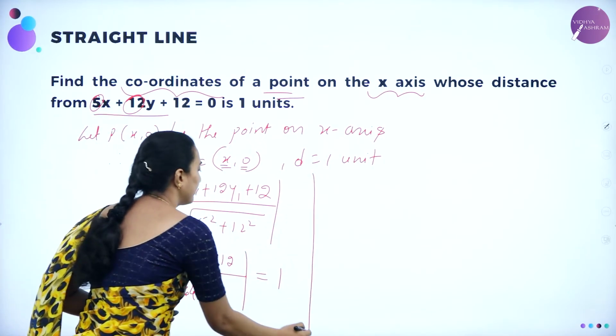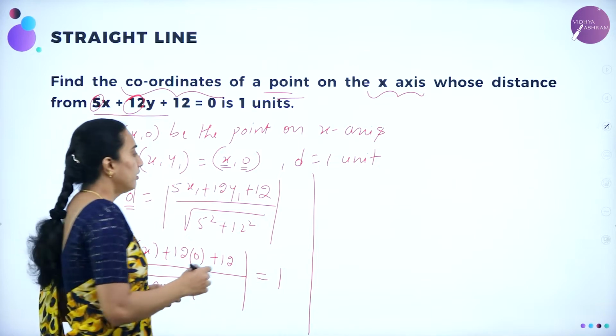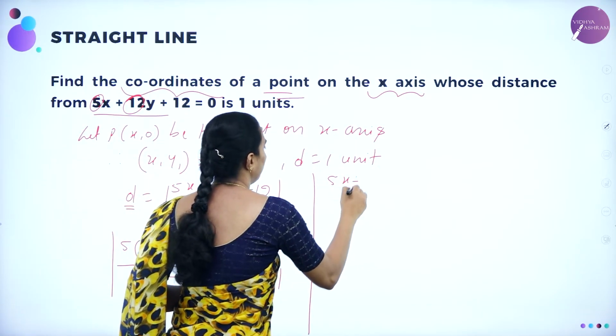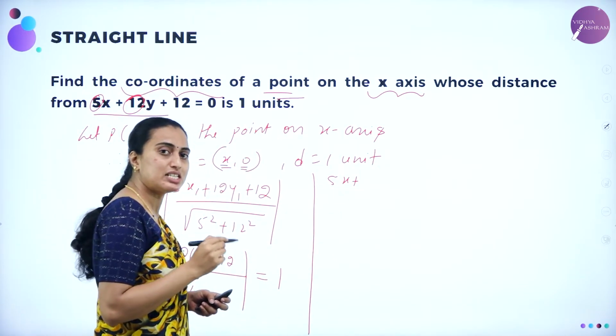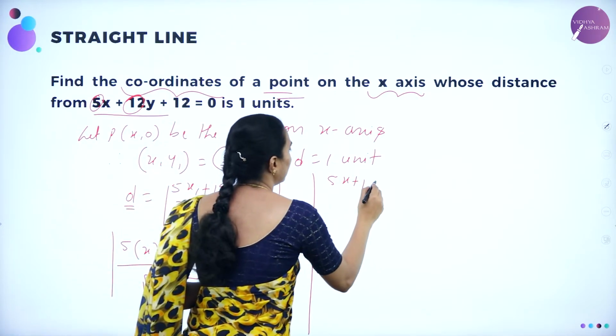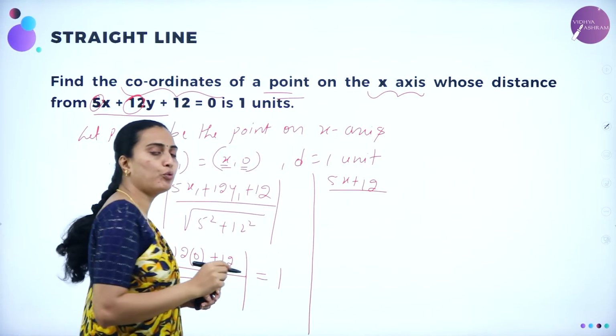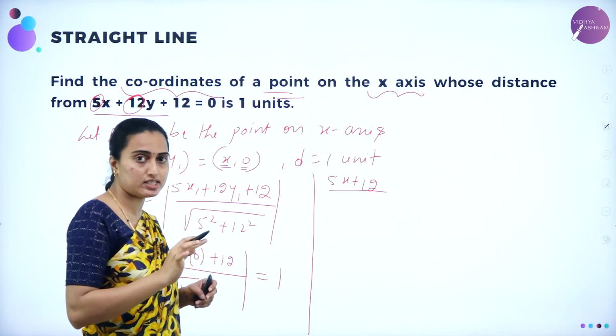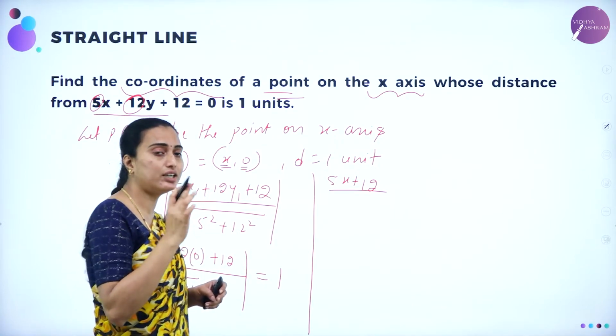Now, simplifying this again: 5x plus 12 into 0 is 0, plus 12, divided by square root of 25 plus 144, which is square root of 169. Square root of 169 is 13.